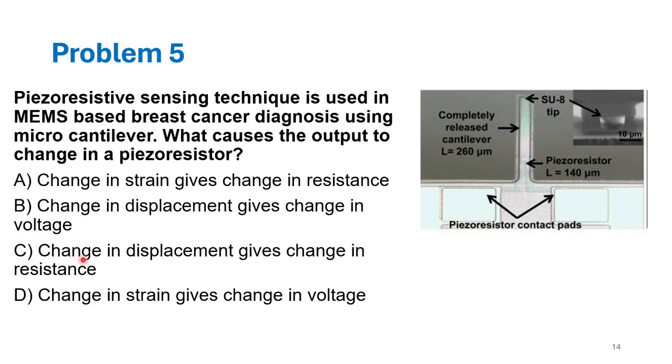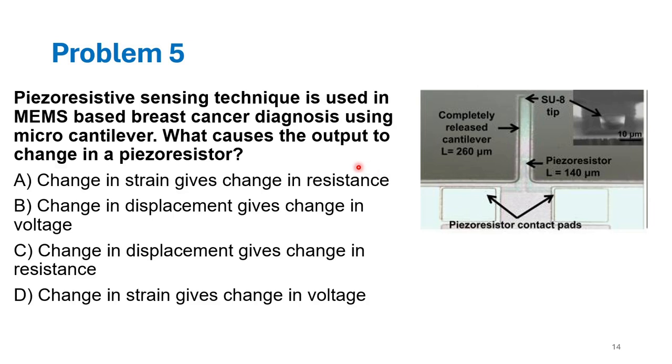Option C, change in displacement gives change in resistance. Option D, change in strain gives change in voltage. So here in this figure we see a cantilever that has a piezoresistor. This is the piezoresistor cantilever device that is used to sense breast cancer.